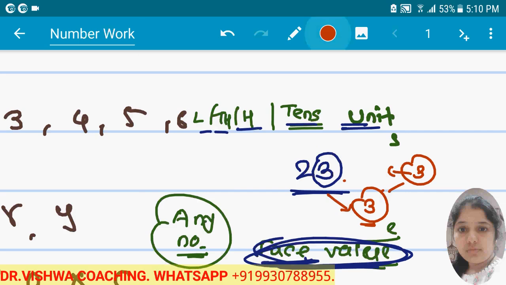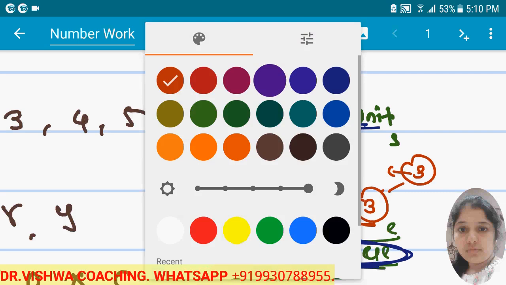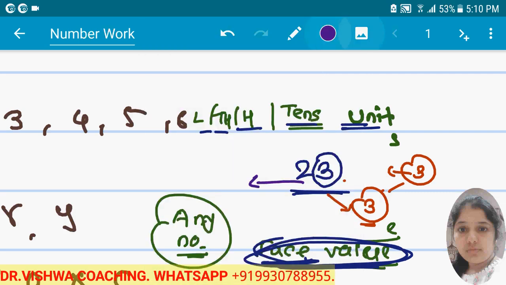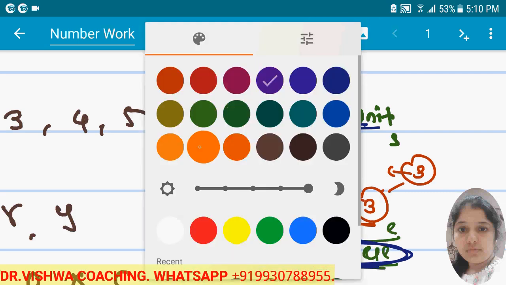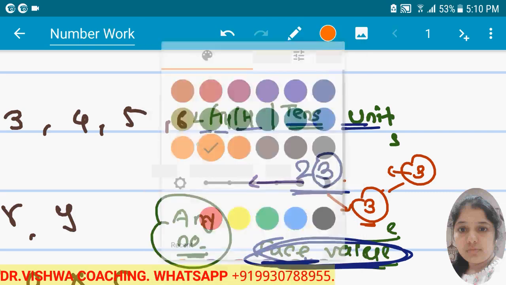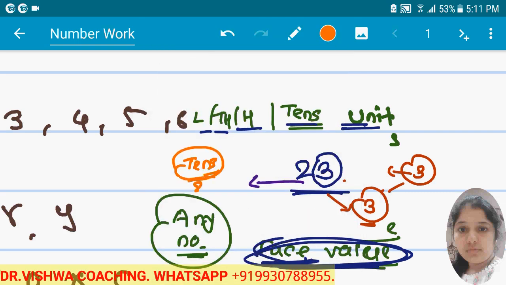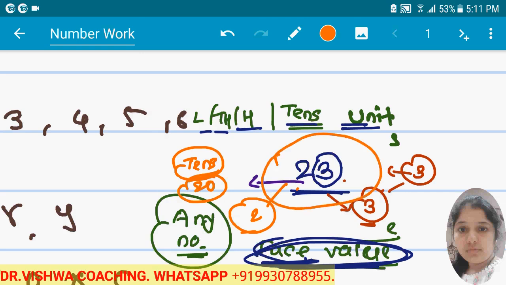But when we talk about the digit 2, it is at the tens place, so its place value is 20, but its face value is only 2. These are the two different things which we already know: place value and face value.